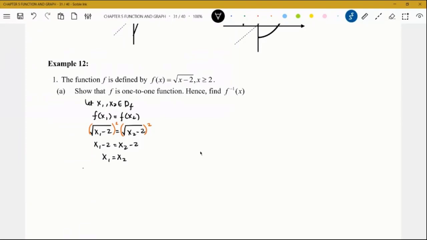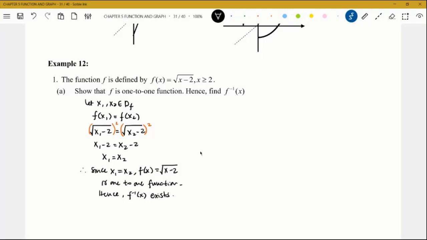So from this part, we know that since x1 equals x2, your f(x) equal to square root of x minus 2 is a one-to-one function. Okay, so since it is one-to-one, hence f inverse exists.